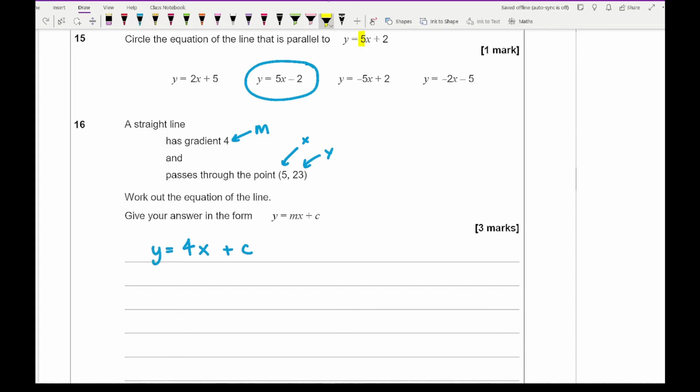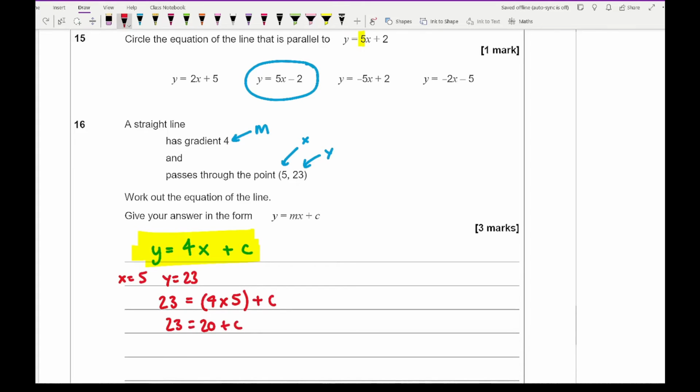So if I just highlight this to begin with, then I substitute x equals 5, y equals 23. So I end up with 23 equals 4 times 5 plus c. 4 times 5 is 20, so 23 equals 20 plus c.